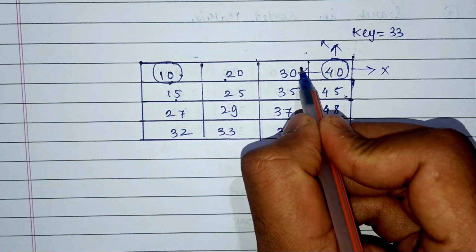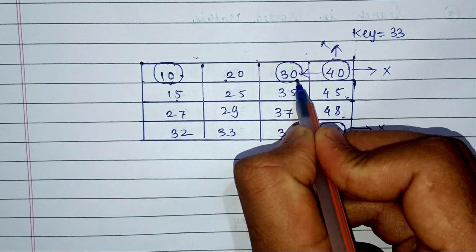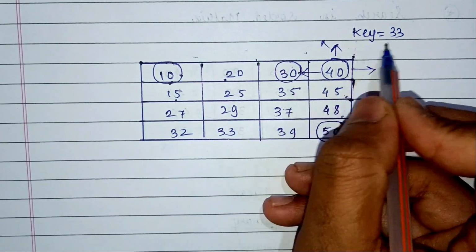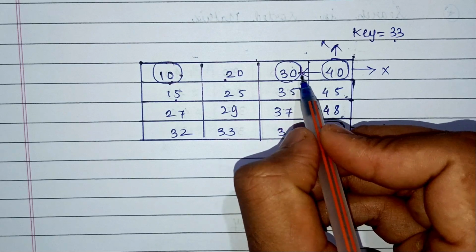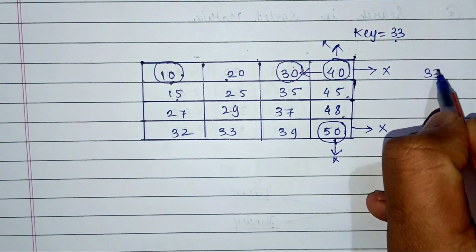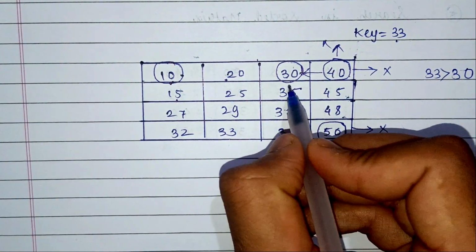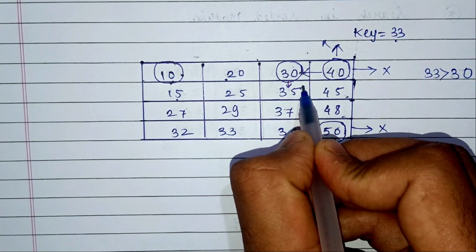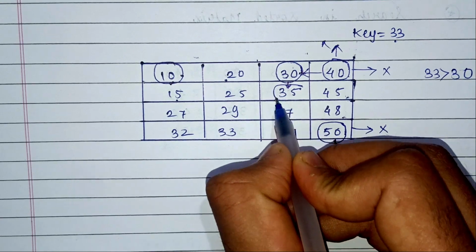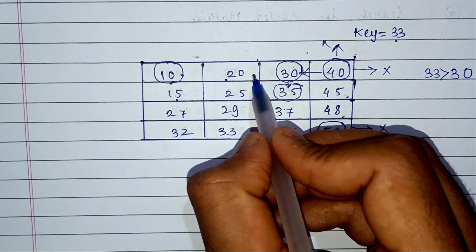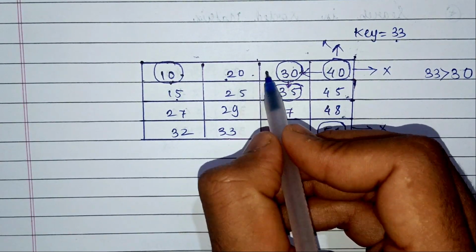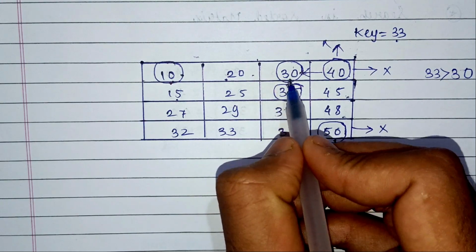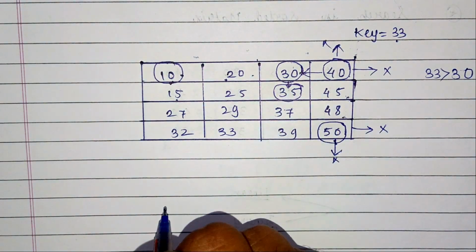We compare the 30 element with our key. 33 is greater than 30, so we move downside, because in the left side the elements are even smaller, so we have to move downside.